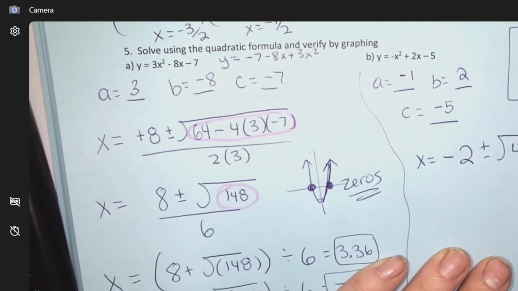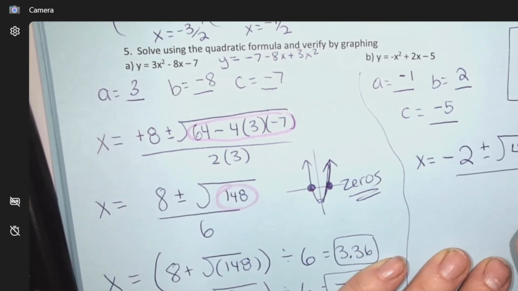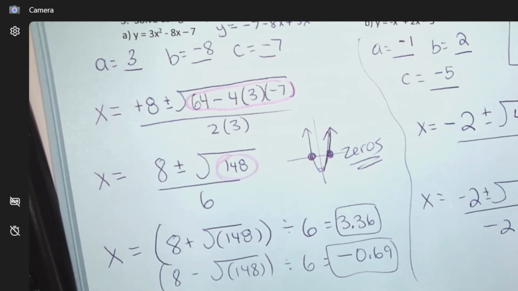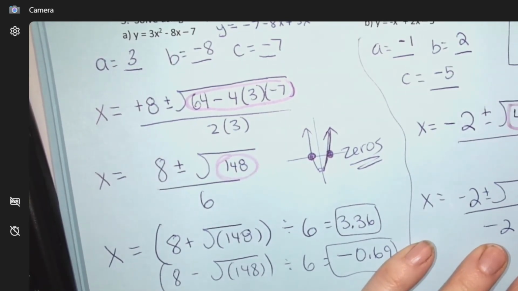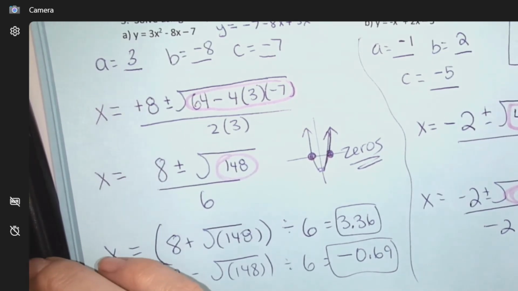Subtract 4 times -1 times -5. Okay, so now I need you to calculate this part.